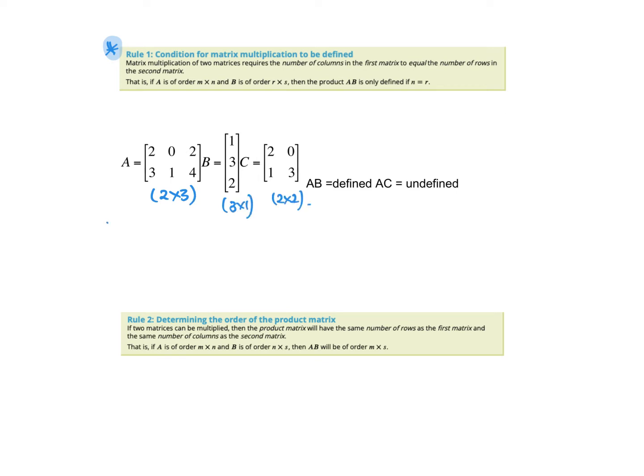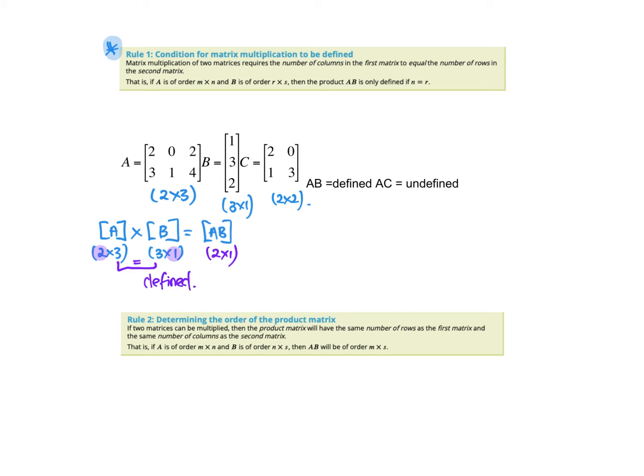If I looked at multiplying A with B, we would see this is a 2 by 3 with a 3 by 1. It would produce the product matrix AB. Yes, we can do it because the columns in A equal the rows in B, and my answer is going to be a 2 by 1. So this one we would say is defined.